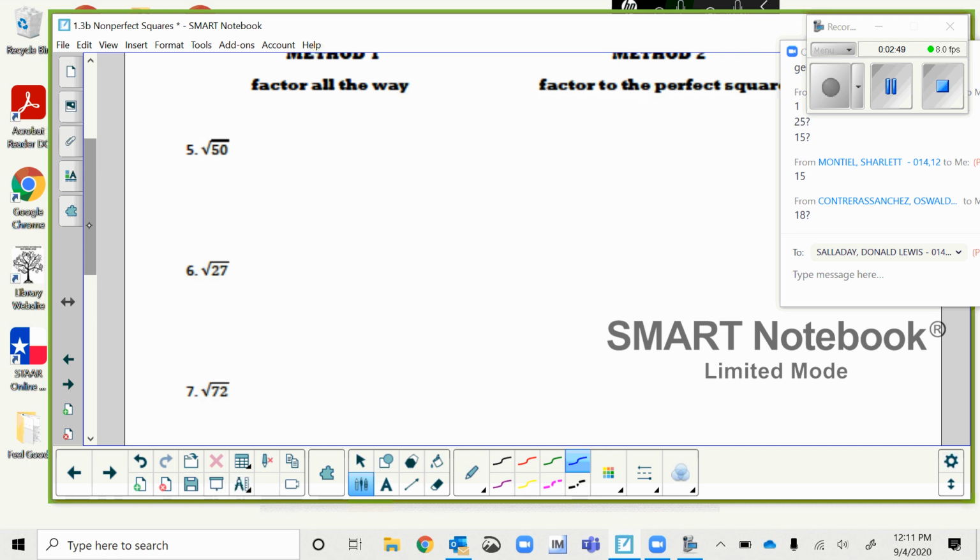So when you factor 4, it's 2 times 2. And when you factor 6, it's 2 times 3. And the 2 and the 3 are what we call factors. So you break 6 into its factors of 2 and 3. So that's what we're going to do here on the 50.